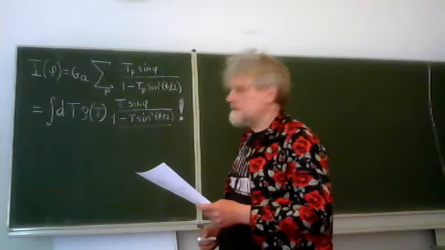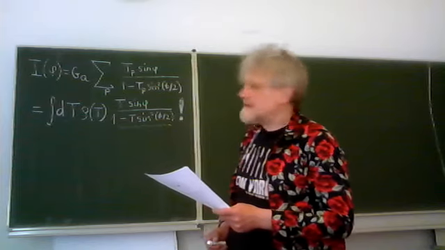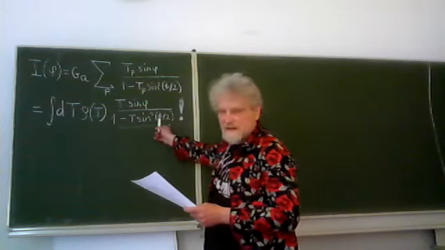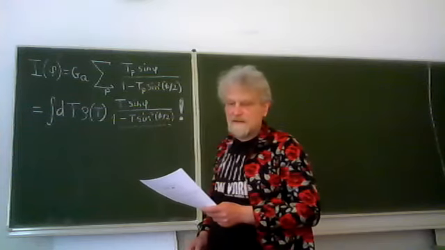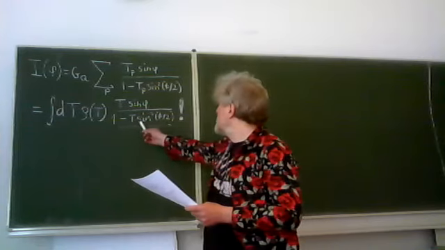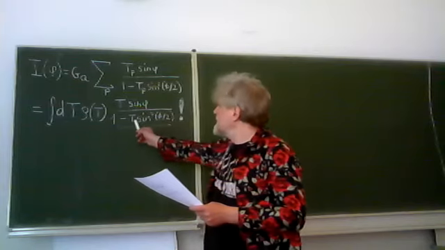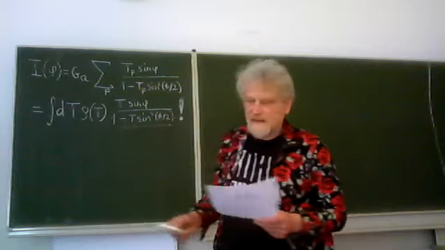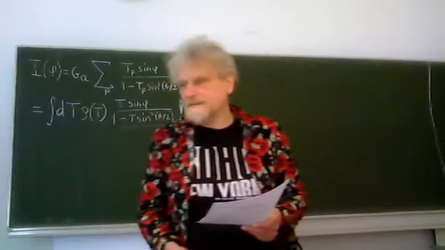Right. Let me first pay attention to the fact that if you really regard phi as a real parameter, that will be smaller than 1, and the denominator will never become 0.